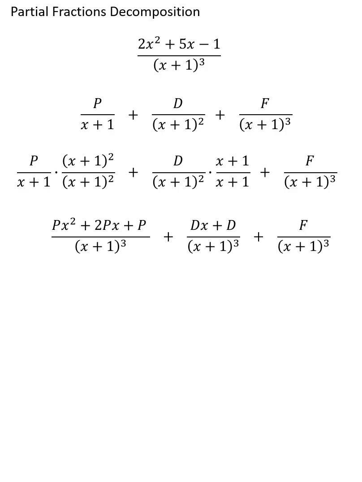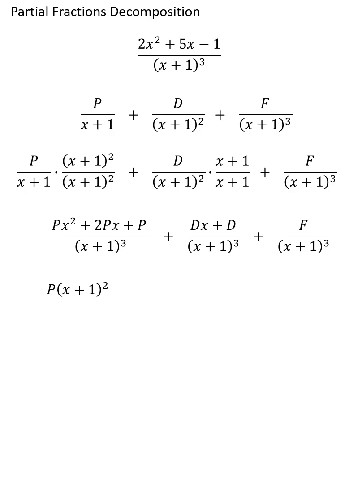The first numerator here is probably worth examining a little more closely. It came from the fraction multiplication above it, where I had to do p times x plus 1 quantity squared. It's worth noting a couple things here. First of all, I cannot distribute the p into something that has an exponent. That would be a violation of the order of operations, because exponents come before multiplication.